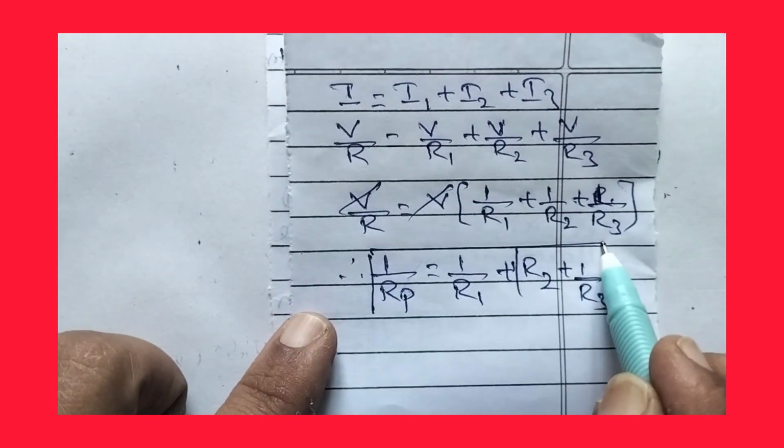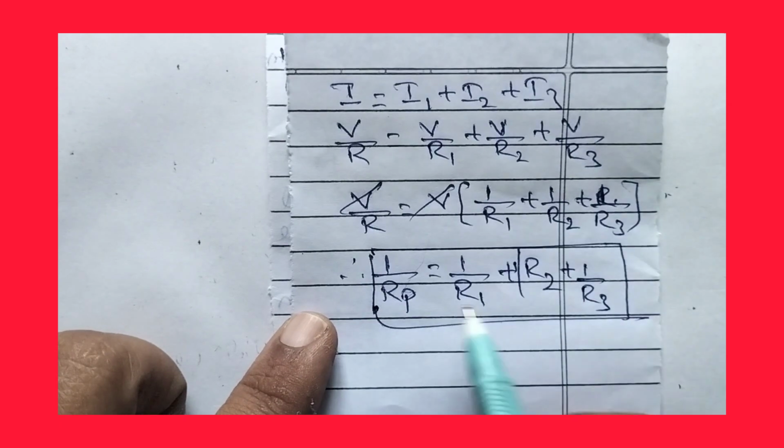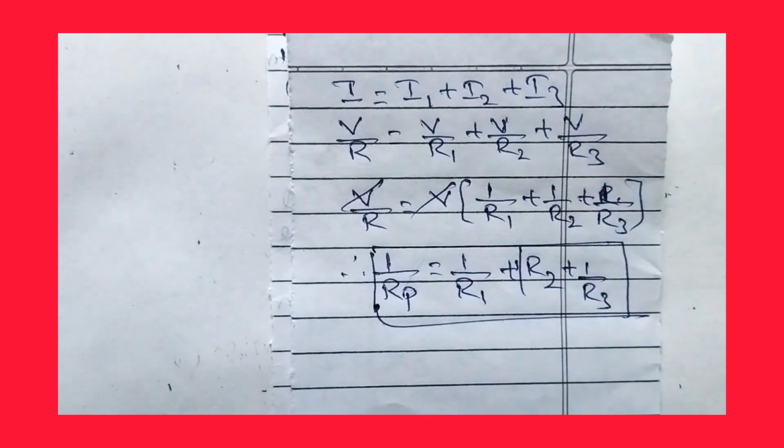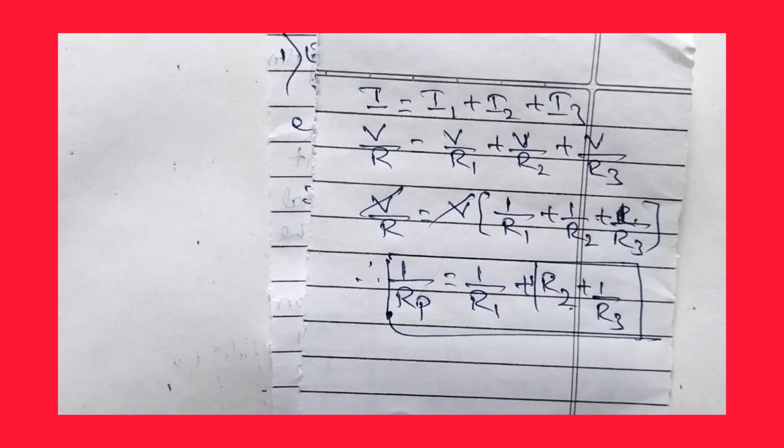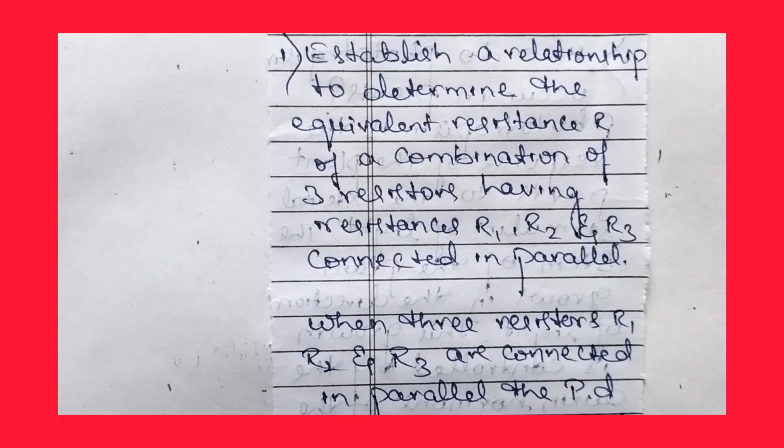This is the relationship between the total resistance and the individual resistances. So this is the first question. Now let us see the second question.